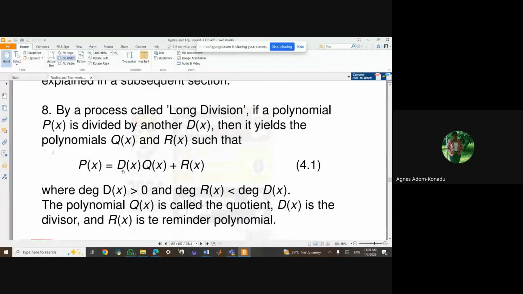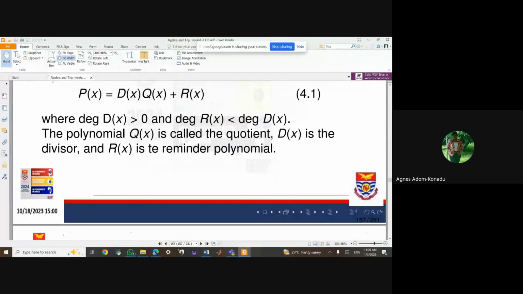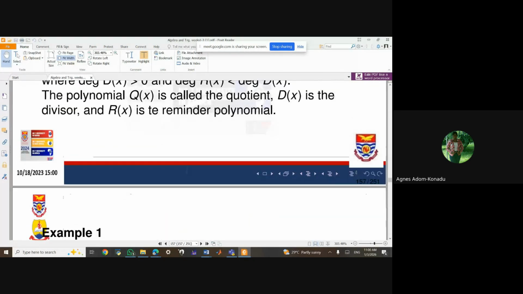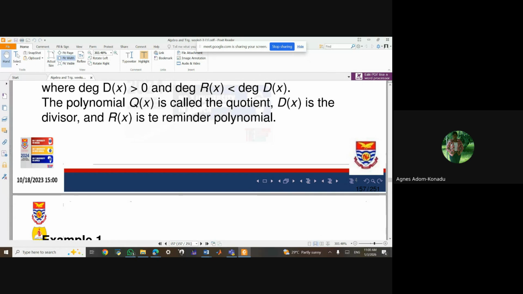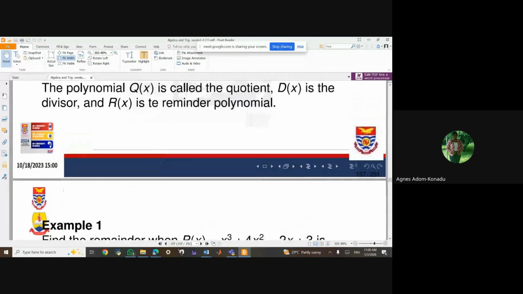We are saying that d of x should not be equal to 0, and the degree of my remainder should be less than the degree of my divisor. So q of s is the quotient, d of s is the divisor, and r of s is the remainder. Okay, it's already 11 o'clock.